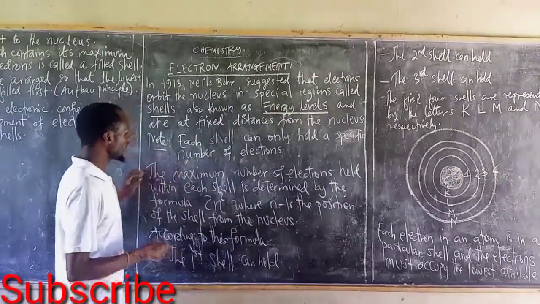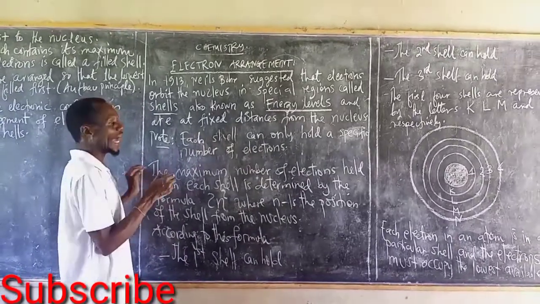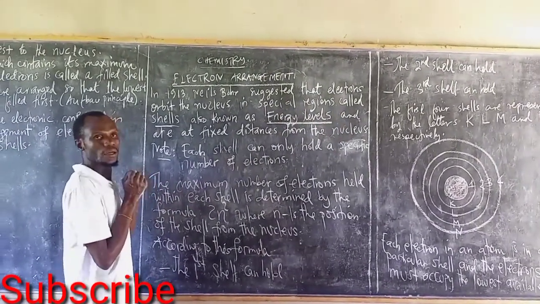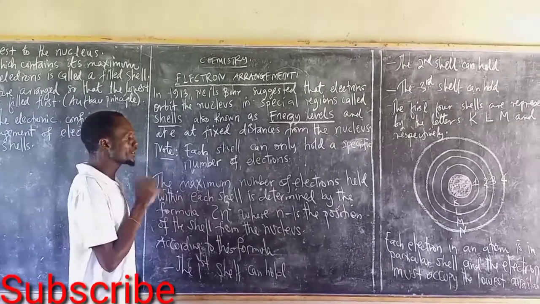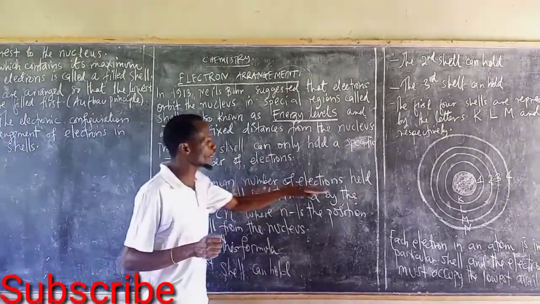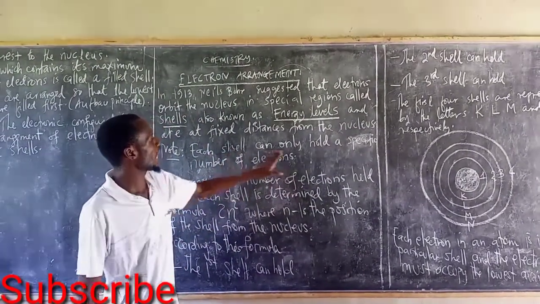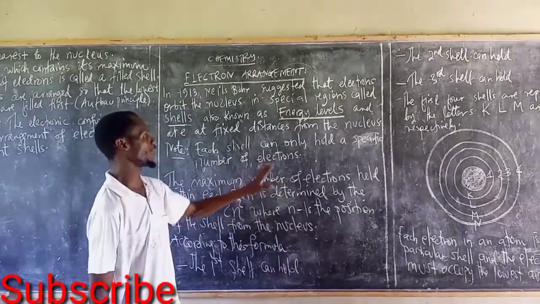And that is why there is a formula that will guide us on how many electrons a specific shell can hold, because each shell can hold only a specific number of electrons.